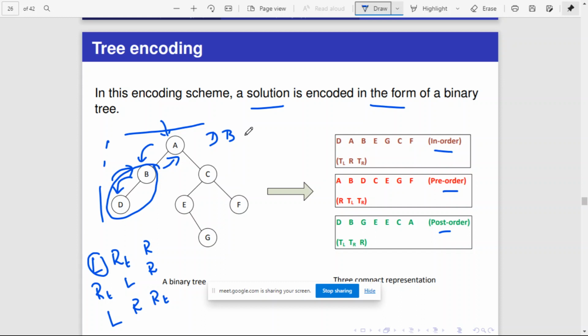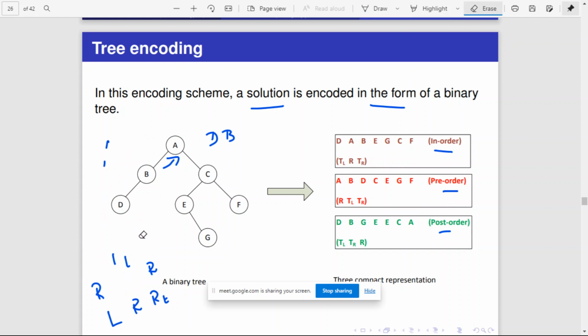In in-order, you have to follow this particular ordering: first go to the left subtree, then the root, and then the right subtree.